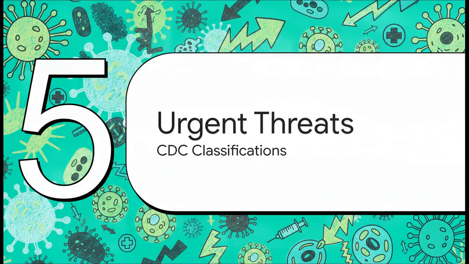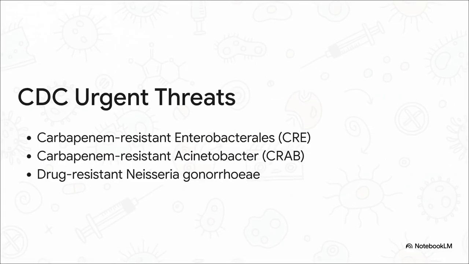Finally, Section 5, urgent resistance threats. Look, it's really easy to get lost in the academic biochemistry of these mutations, but we have to recognize the modern, severe clinical realities of antimicrobial resistance. These aren't just textbook concepts anymore. They are daily crises in our ICUs. The CDC officially categorizes the most severe resistance patterns as urgent threats.